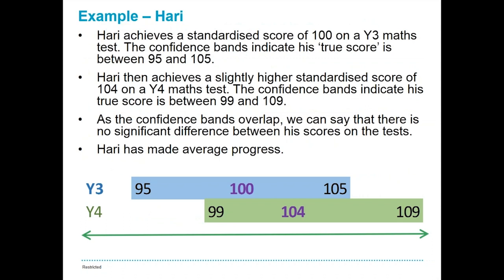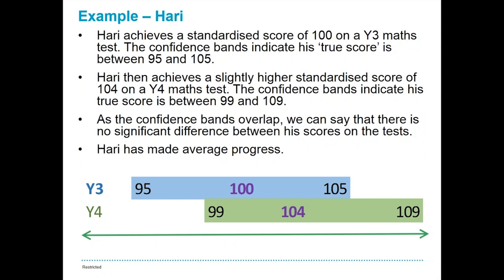However, if you take into account confidence bands, we know that Harry's true score is between 95 and 105 in Year 3 and between 99 and 109 in Year 4, as you can see from the figure at the bottom of the slide. And as is quite clear from this figure, the confidence bands overlap. And we can therefore say that there is no significant difference between his scores on the tests, and Harry has made average progress.